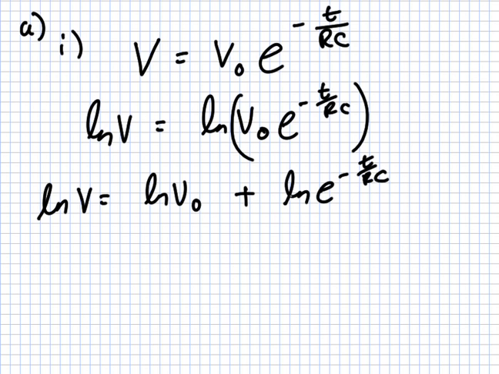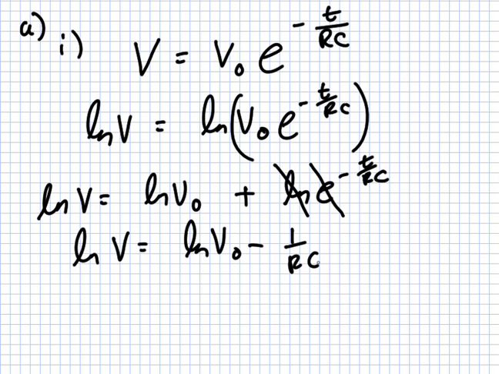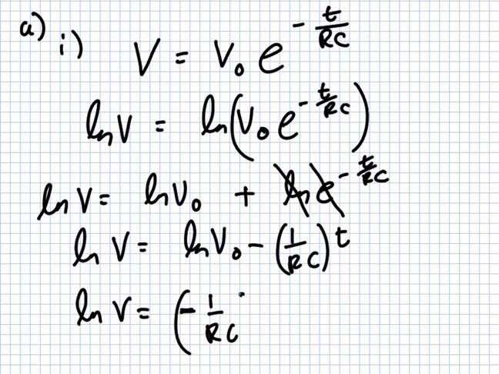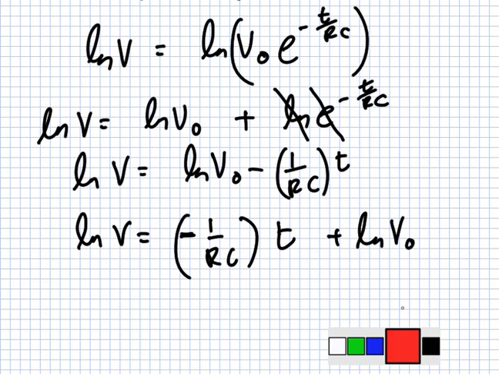Now what happens with log and e? They cancel. So you get log V equals log V0 minus 1 over RC t, so log V equals minus 1 over RC t plus log V0.